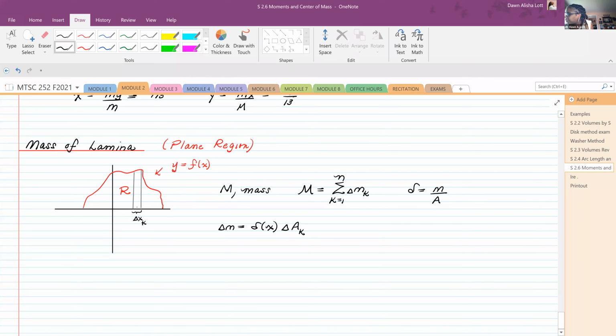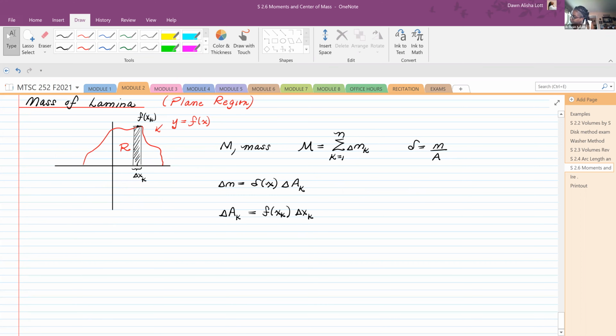And then if I take some small x in the middle and find this height, f of xk, I can find that the area of that little slice is simply the function at some xk multiplied by the width of that little piece.